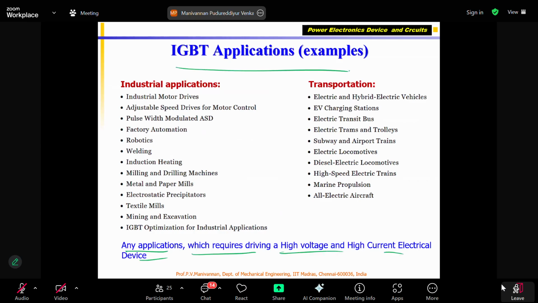I stop here. Sorry for taking another 15 or 20 minutes more. With this, our power electronics is over. Tomorrow we'll have a 2-hour class, 5 to 7, on energy storage devices. After completing energy storage, it may take 2 to 3 hours: tomorrow 2 hours, and maybe next week another 1 or 2 hours.